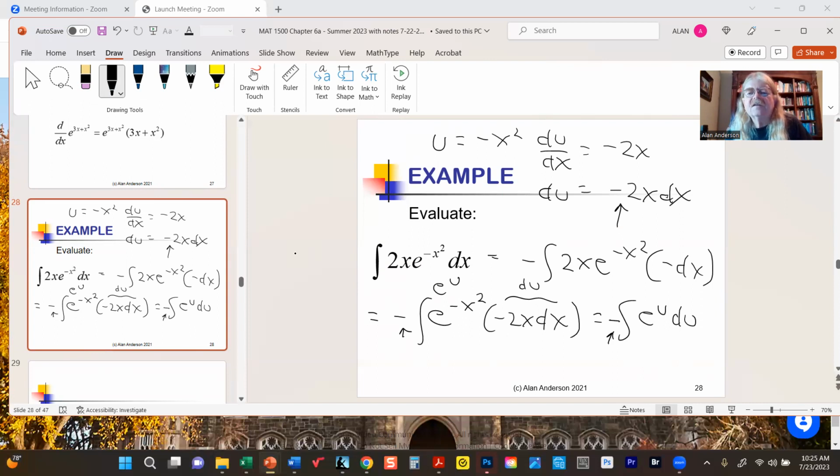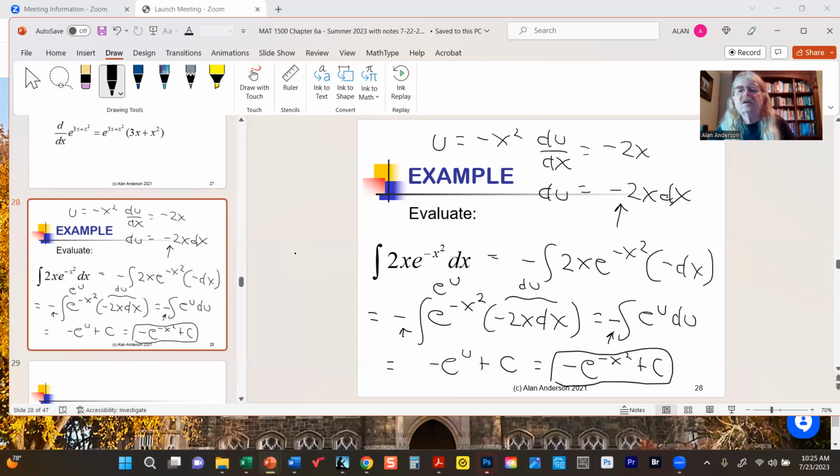I almost forgot it myself. Yes, so by rewriting it like this, it's clear that you have e to the u times du by combining the 2x and the negative sign with the dx. So you just have, as you know, this is how we integrate e to the u. And we end up with minus e to the minus x squared plus c.